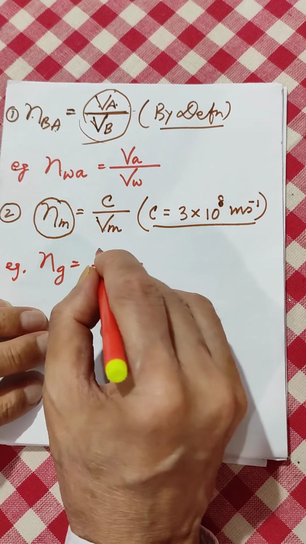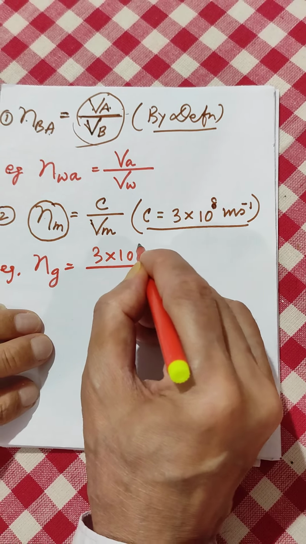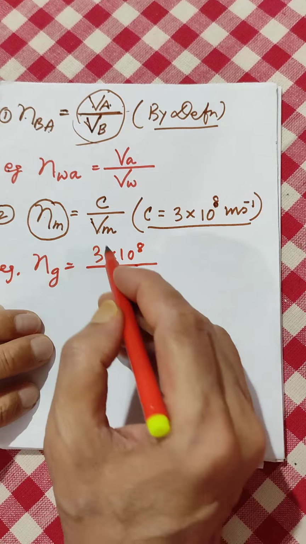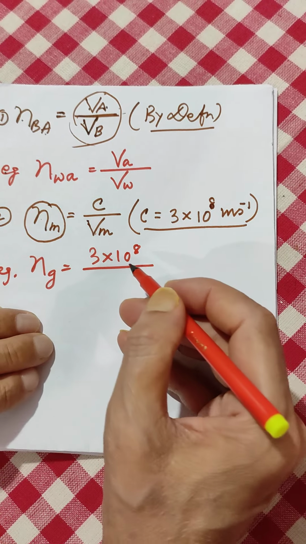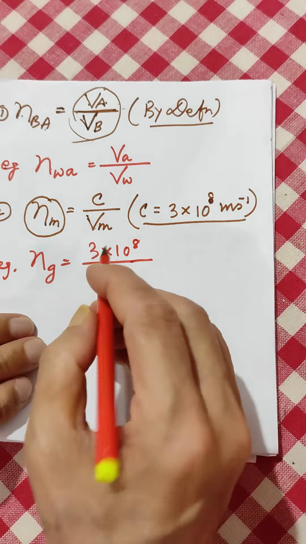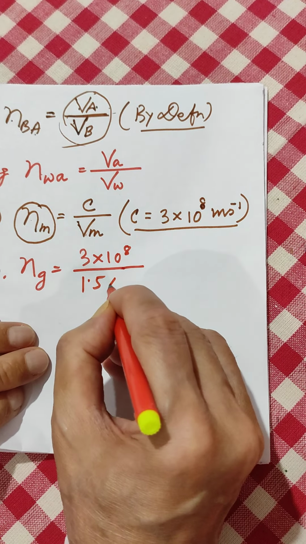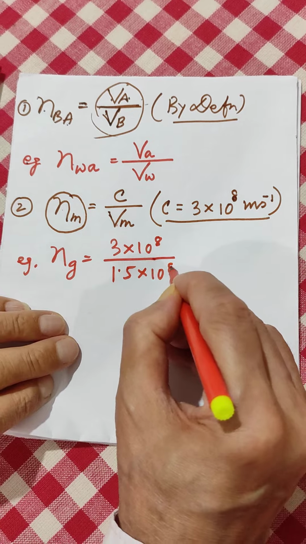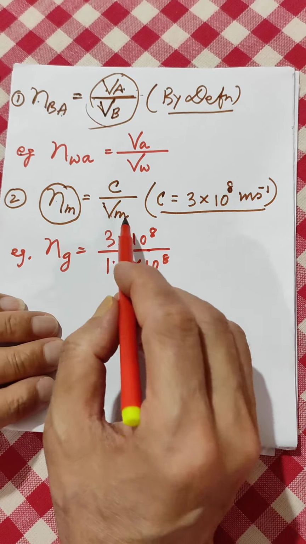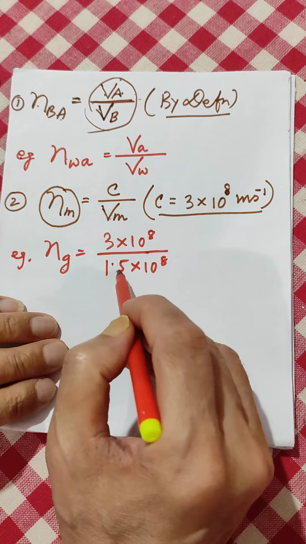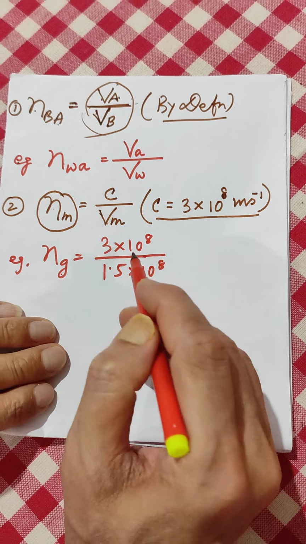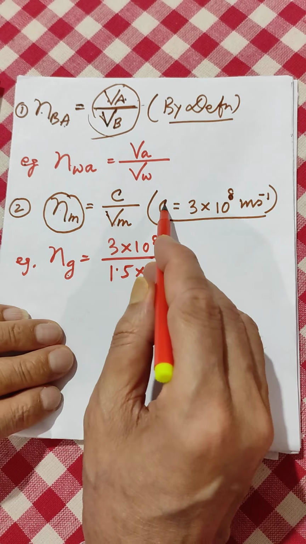So C is this one, 3 into 10 to the power 8, by velocity of light in glass. Now suppose velocity of light in glass is 1.5 into 10 to the power 8. All right, then the C value is this one.